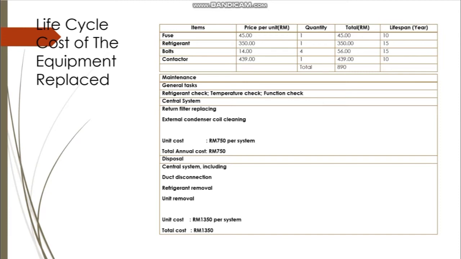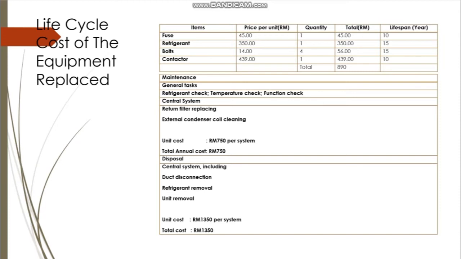So the total of the equipment replaced is 890. The lifespan for this type of part is 10 to 15 years. Most centralized air conditioning units have a lifespan of 20 years.